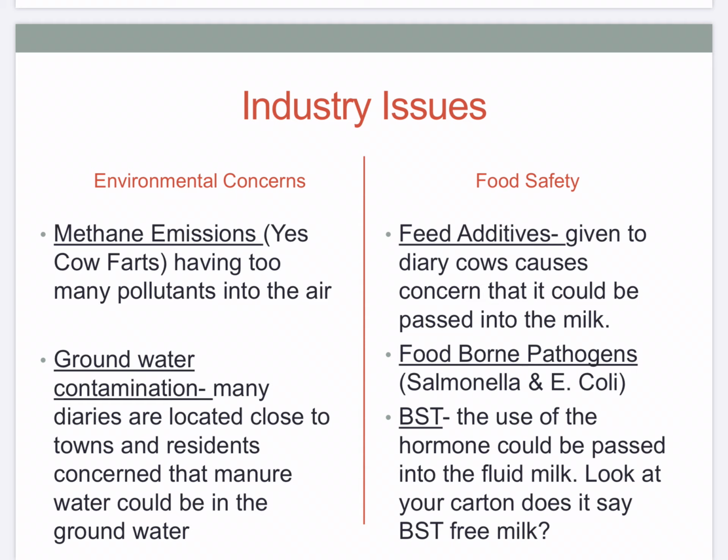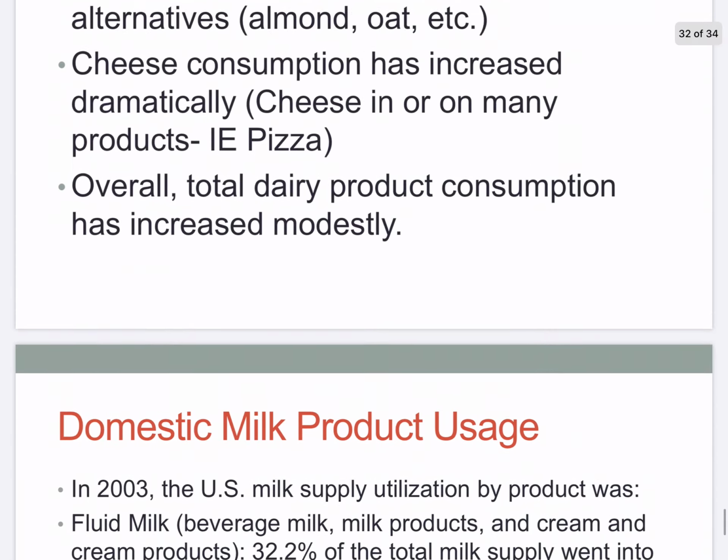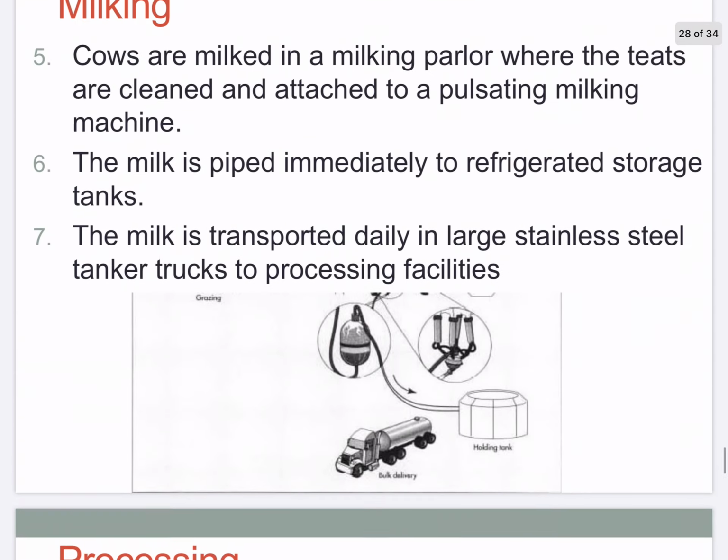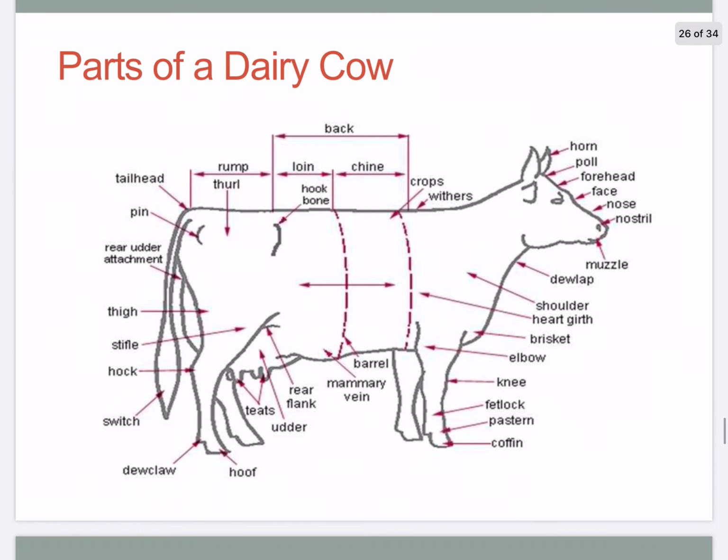And then you do have a dairy cattle worksheet review, which asks you, let's go back to that cow, parts of a dairy cow. So you're going to label the cow that is on your dairy cattle worksheet review using the words in the box and using this slide, okay?